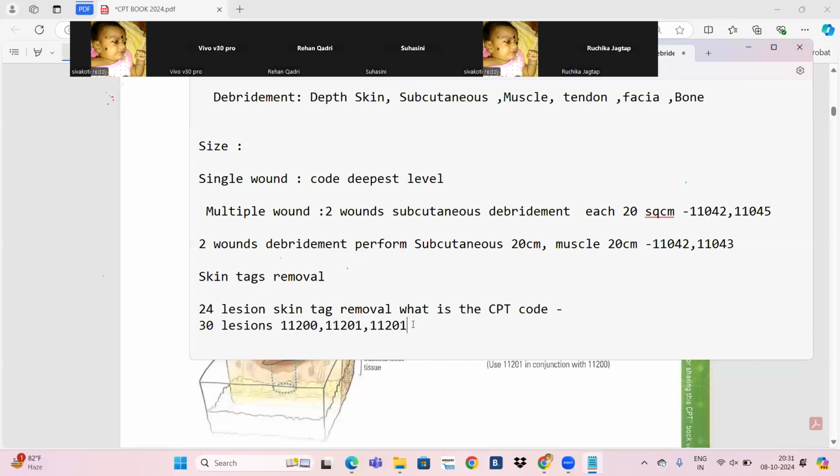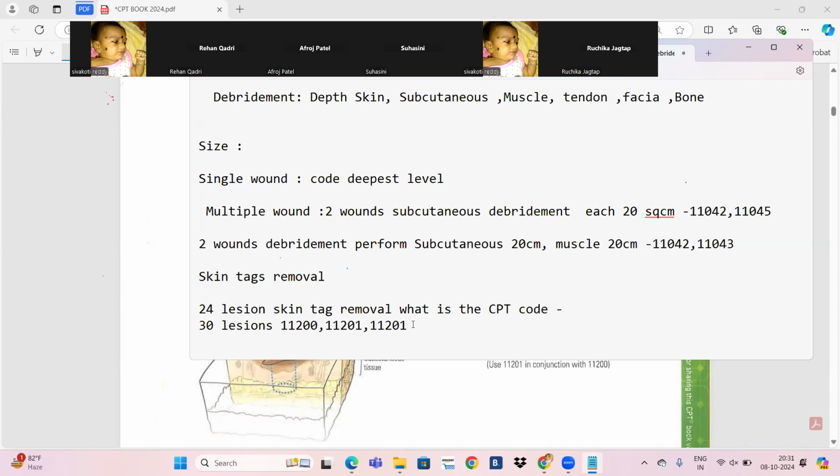Do you give the 59 modifier for the add-on code? No, modifier not required here. One option will be 11200 with 59 modifier.